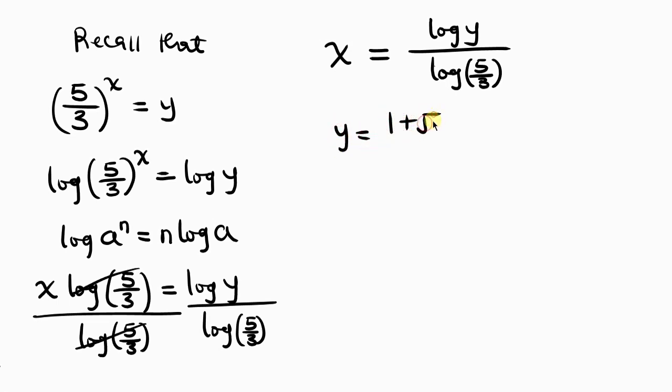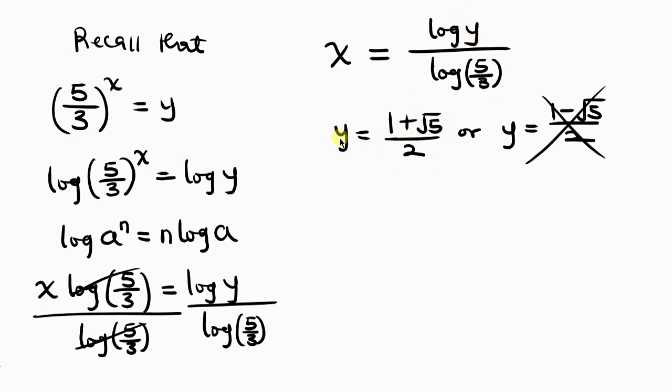Very good. So recall that the answers we got for y are, we got y to be 1 plus the square root of 5 all over 2, or y is equal to 1 minus the square root of 5 all over 2. Well, since this is involving log, we're going to be rejecting the negative. So the value of y that is negative will be rejected since this is involving log. So we're going to be focusing on the positive.